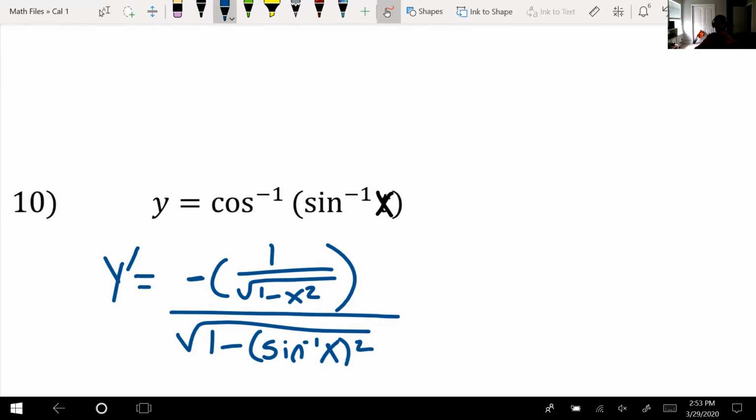So the derivative of the inside function is in the numerator, negative 1 over the square root of 1 minus x squared, over the square root of 1 minus the inside function squared.